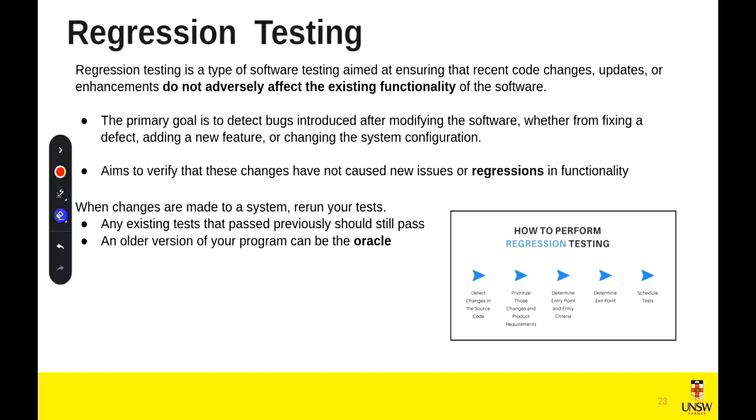Then we define the entry point and entry criteria for those test cases, and then we schedule the tests. Because we normally just rerun the tests for regression testing, we don't need to design new ones. All we care about is, if we have a large number of test cases, how can we prioritize the most important ones? So this is about regression testing.